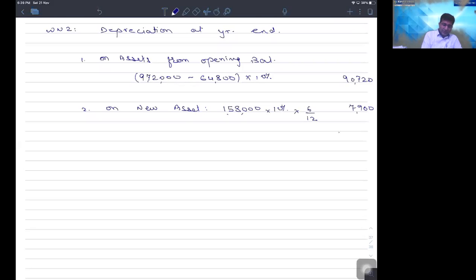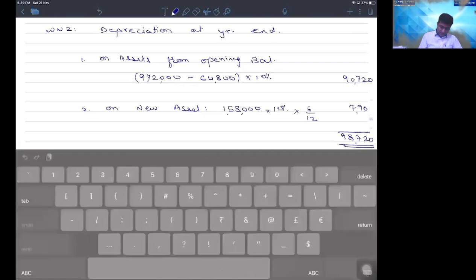So the total value of depreciation comes to 98,720. Yes or no? This 98,720 will be credited to asset account or not? Yeah, na.